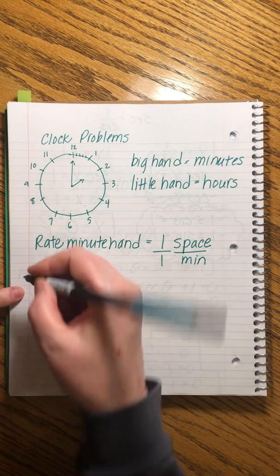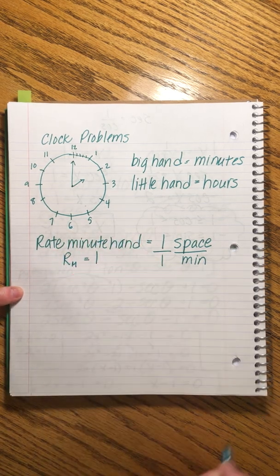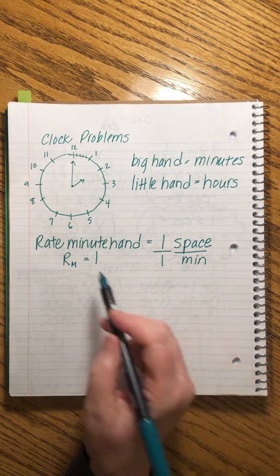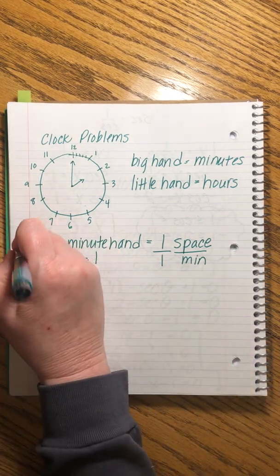Right? And so we say the rate of the minute hand equals 1 space per minute, and we can just break that down into 1. That's the first rate we need to understand.